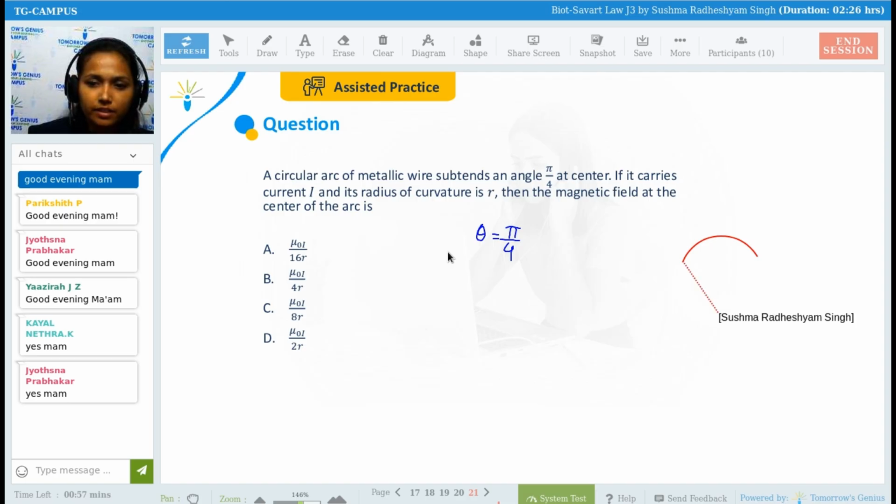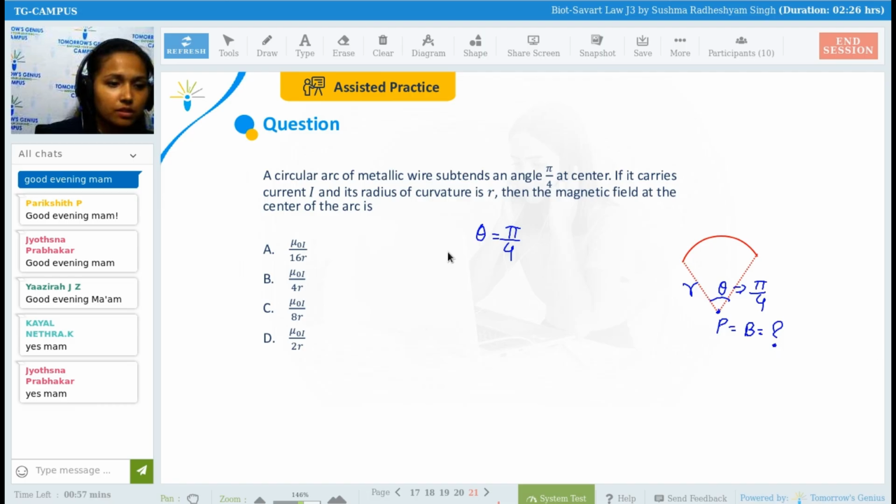They say at this center, the angle theta is equal to pi over 4 and the radius of curvature is r. Find the magnetic field at the center, that means at this arc at point P. Clear the question?